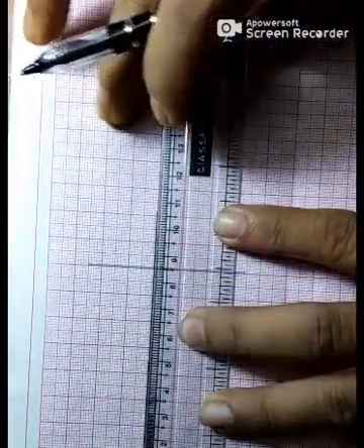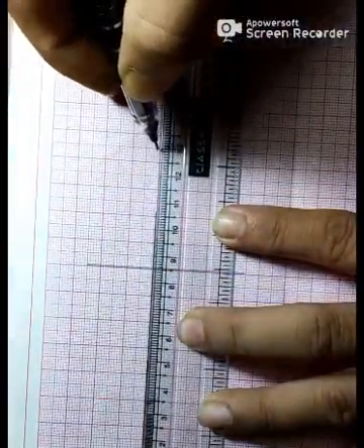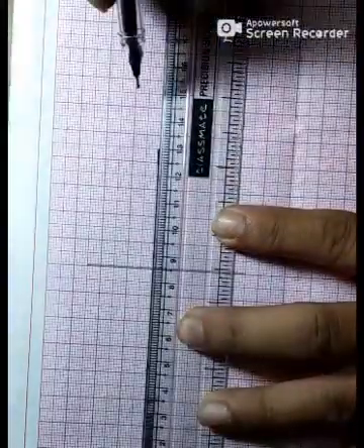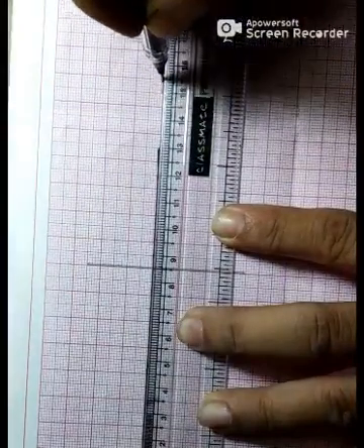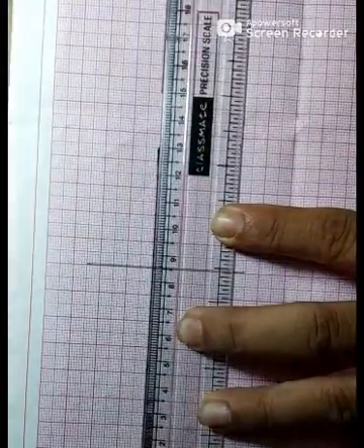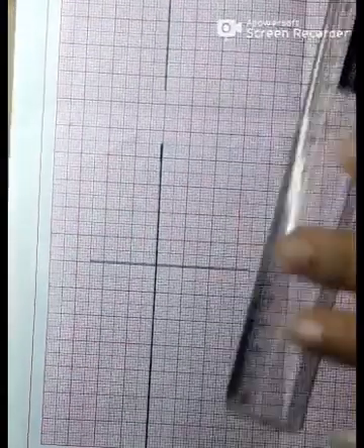And don't elongate. Here a block is there, so you keep up to this extent. And here you can start from here and up to this. So this is our principal axis.